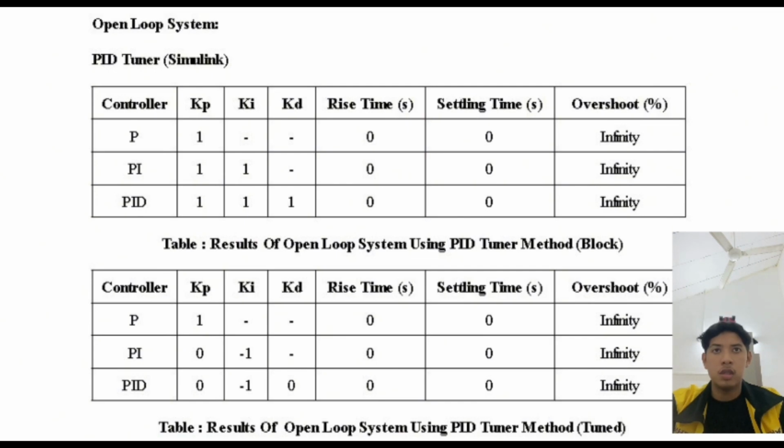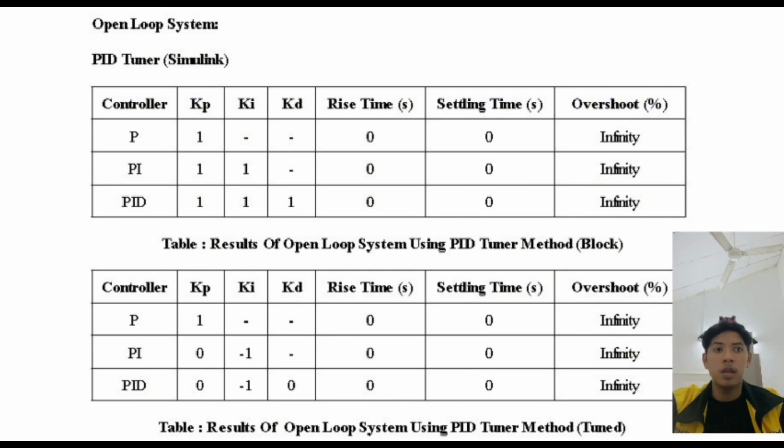Okay, I will present the discussion for the result of the open loop system. As you can see, both the PID Tuner method block and PID Tuner method tune have the same result and the same values for the P controller and PID controller. There is 0 rise time and 0 settling time.